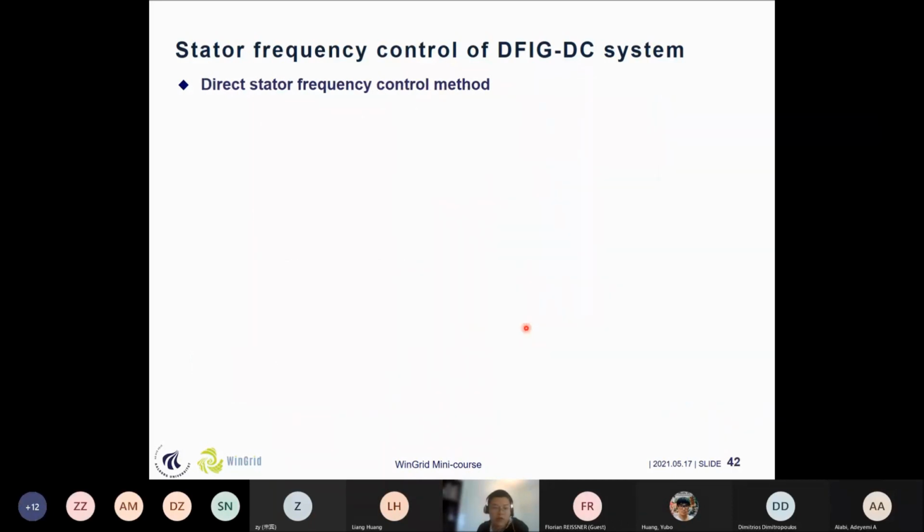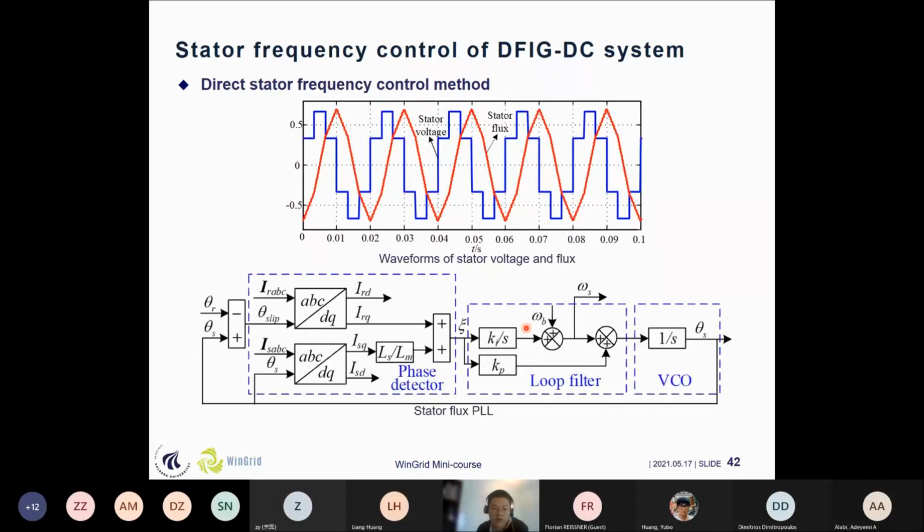So then I may introduce the second method: maybe we can consider a stator flux PLL. We notice that we can't use the stator voltage for the PLL, since it's highly distorted, like a square wave, but the stator flux is not so highly distorted.